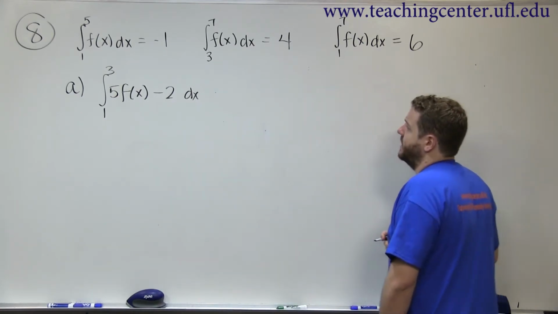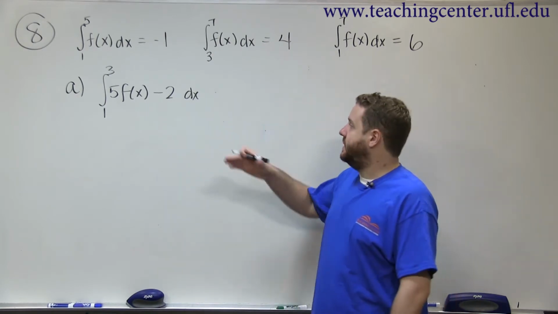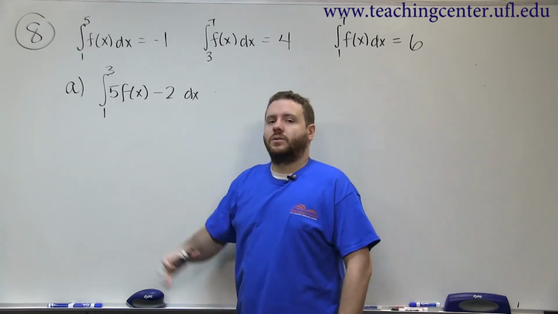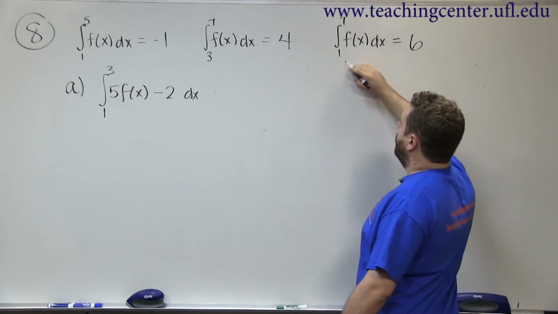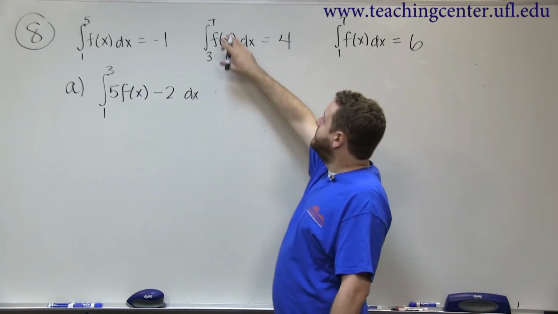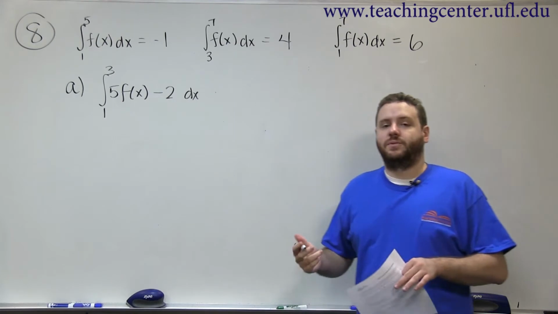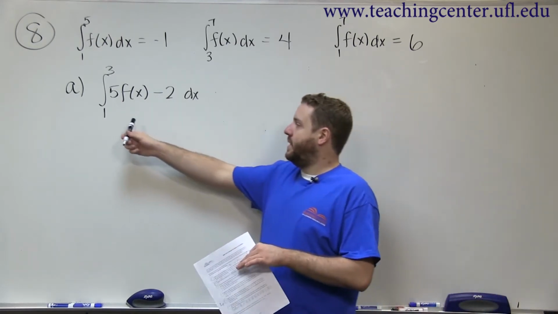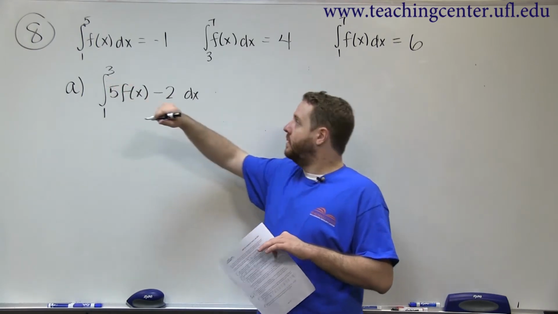But we can use the fact that definite integrals are additive as long as the bounds of the integral match up. So what I mean by that is if the definite integral from 1 to 7 is 6 and the part just from 3 to 7 is 4, we can figure out the missing part, which is what we need for this. So we need the part of the area that's between 1 and 3.